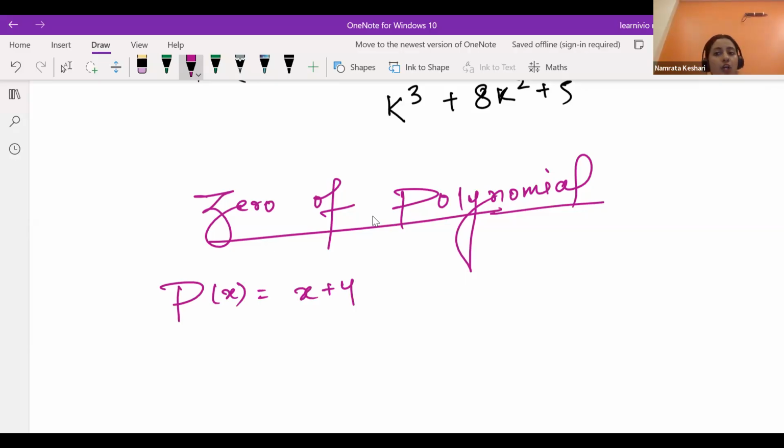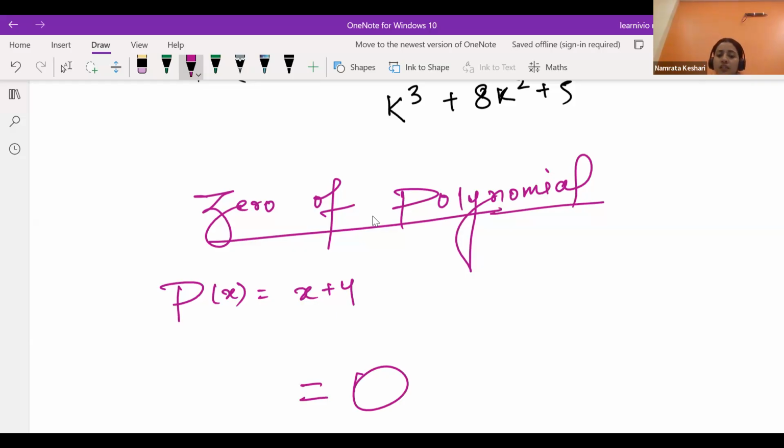I have taken one polynomial, p(x) equals x plus 4. Now we have to find the zero of this polynomial. See, zero means, listen to me carefully, what is that x value which will make this polynomial zero? What is that x value which will give the result as zero?